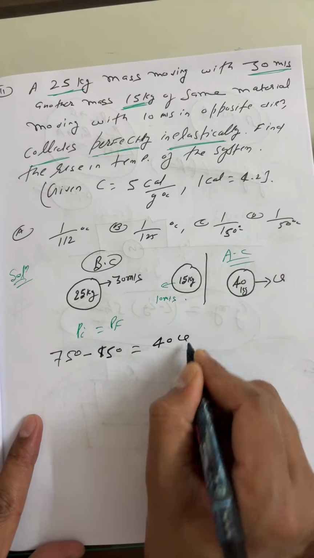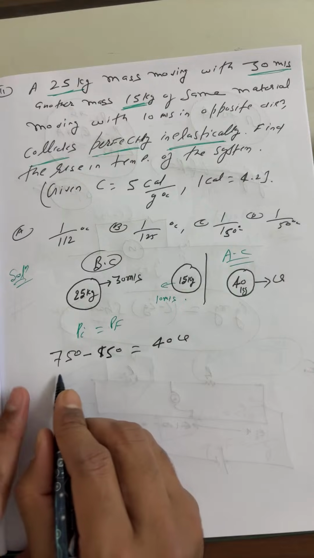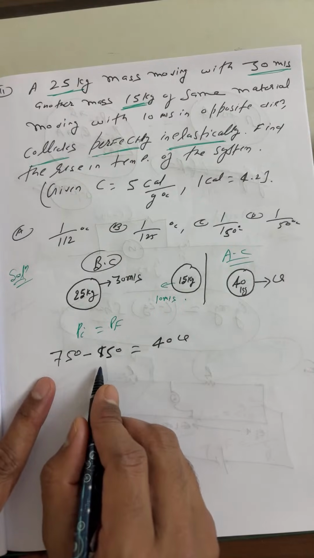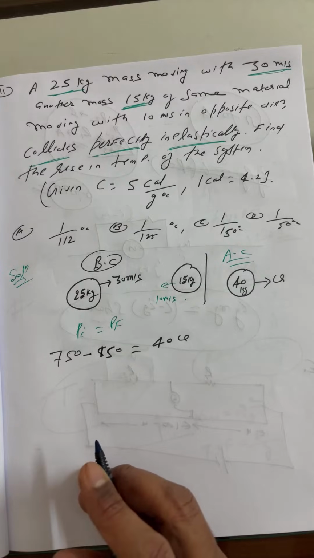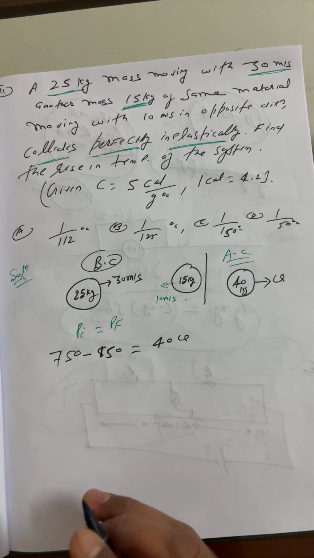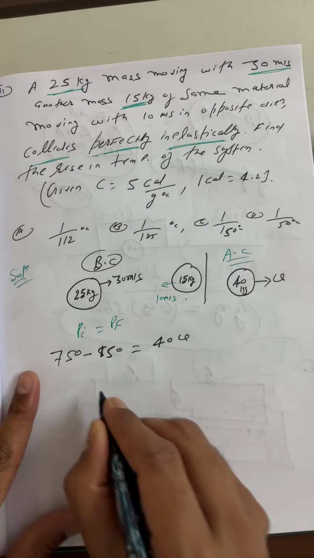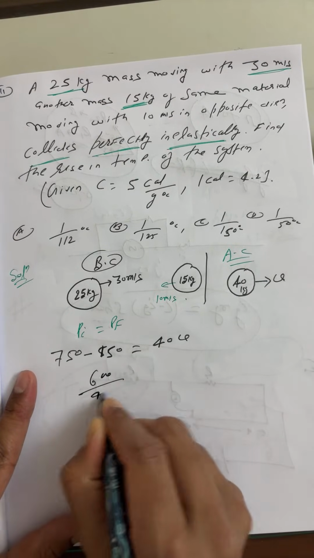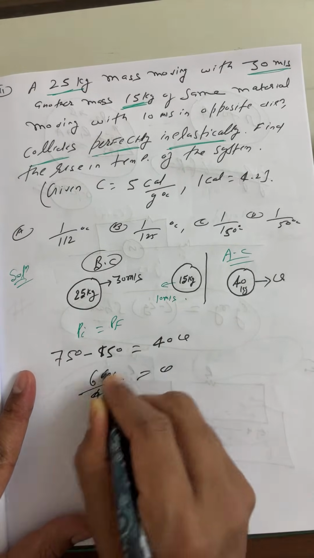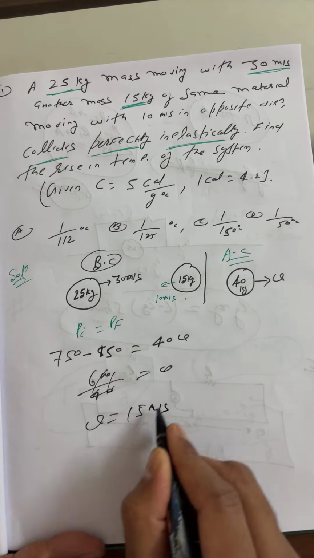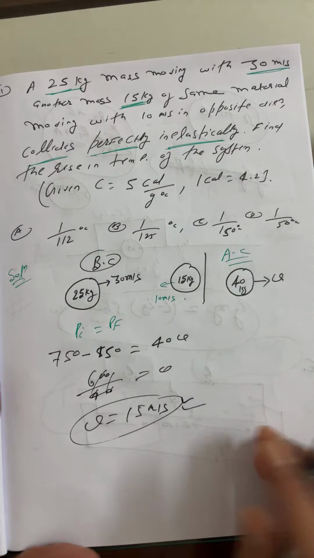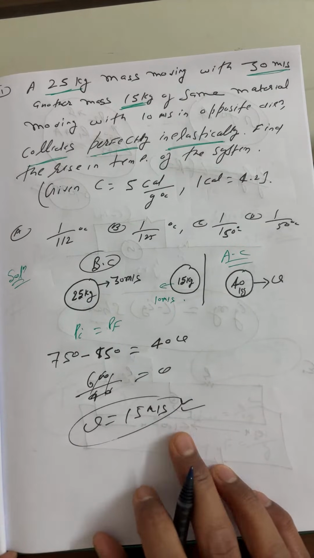This equals 40 V. How much will you get here? Basically 600. So 600 divided by 40 gives V, which is 15 meter per second. This means after collision, the body will have this velocity.